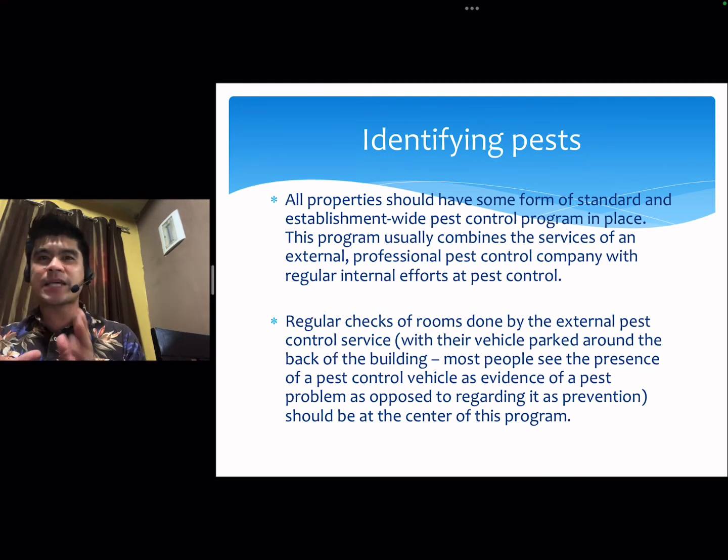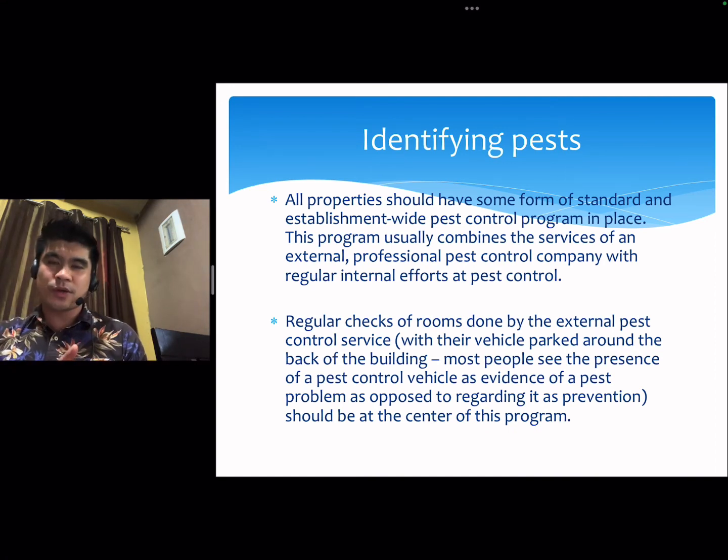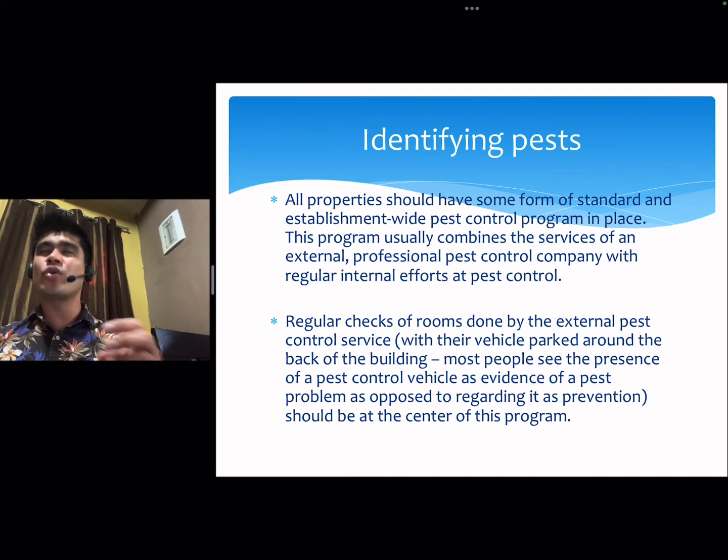But I would like to emphasize this. Kung meron kang na-discover na mga insects, you must apply the insecticides dun sa mga vacant rooms. Kapag may guest dyan, definitely you cannot spray kasi maaamoy nila yon. So you need to know kung yan ay may guest occupancy, you should do it some other time.